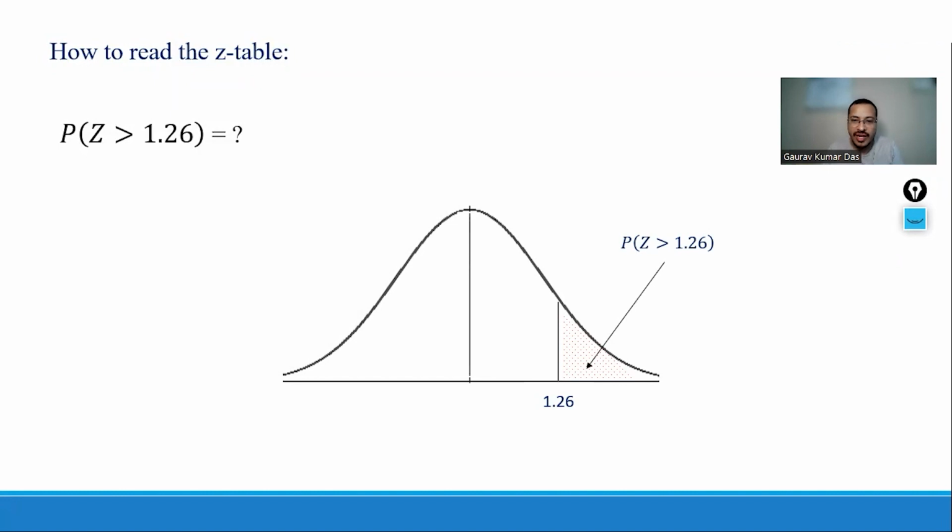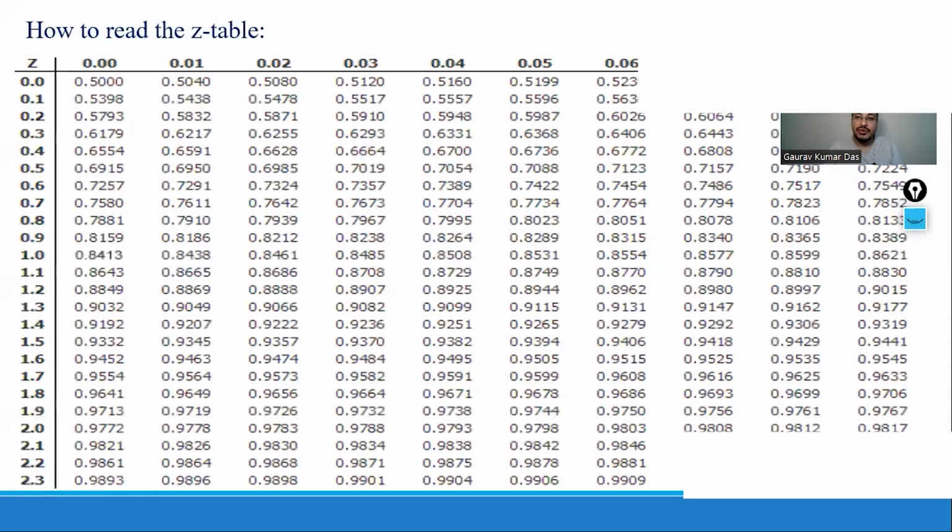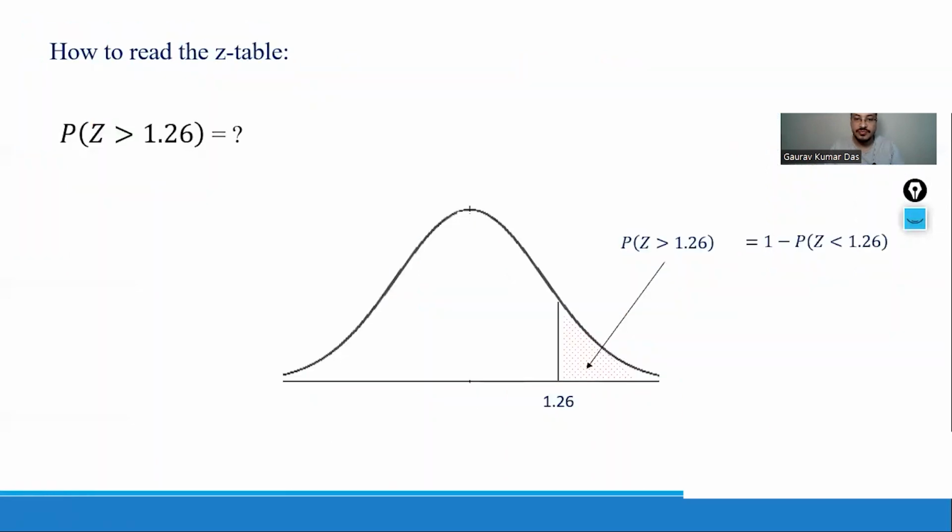Right? So can we do something like this where we can calculate? So the probability of Z greater than 1.26 is equal to 1 minus the probability of Z less than 1.26, right?